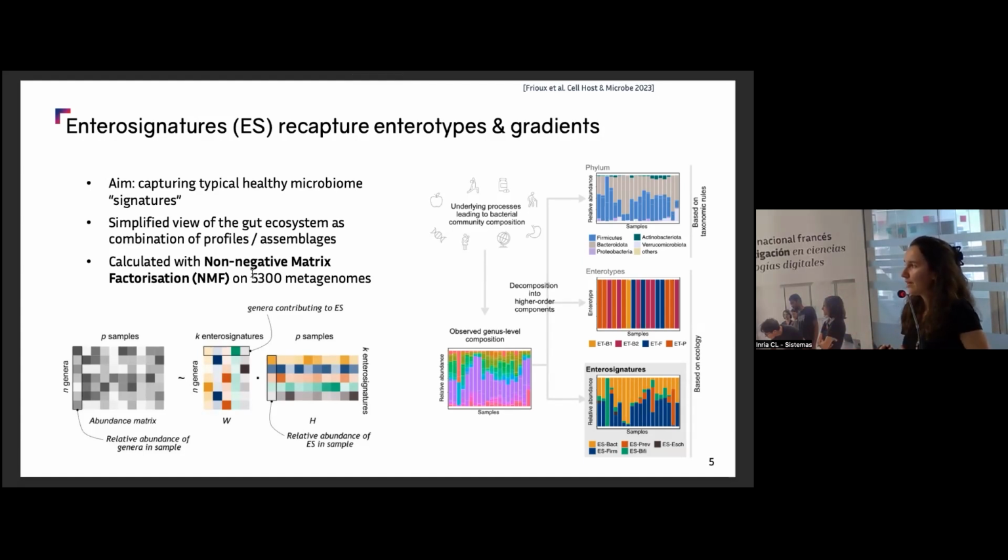So we use non-negative matrix factorization in order to generate those enterosignatures. NMF will provide you with two matrices, one that describes the composition of the profiles, the enterosignatures, using an assembly of the original 500 features. And the second matrix will give you the relative abundance of each enterosignature in the sample.